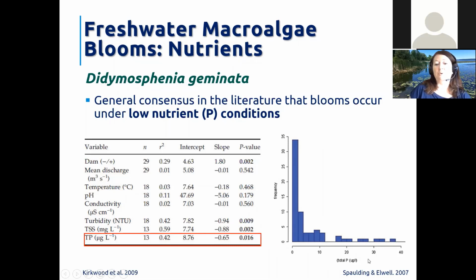And this was also supported by Spaulding and Elwell when they did a systematic review of the literature and found that whenever blooms were reported, it was typically happening at very low, like ultra-oligotrophic, conditions. So this is just building up this narrative that macroalgae are quite different from microalgae in that their growth is not necessarily associated with nutrients in the water column.